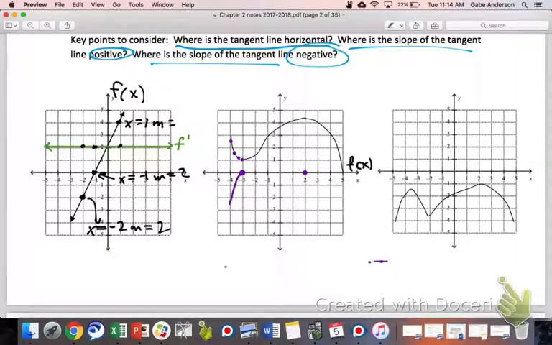Okay, so then the next interval would be from -3 all the way over here to 2. What would you guys say the f prime value would be on that interval? Because doesn't it seem like that's going uphill? Now, of course, in varying degrees, but it's going uphill the whole time, right? And so positive numbers are all above the x-axis.